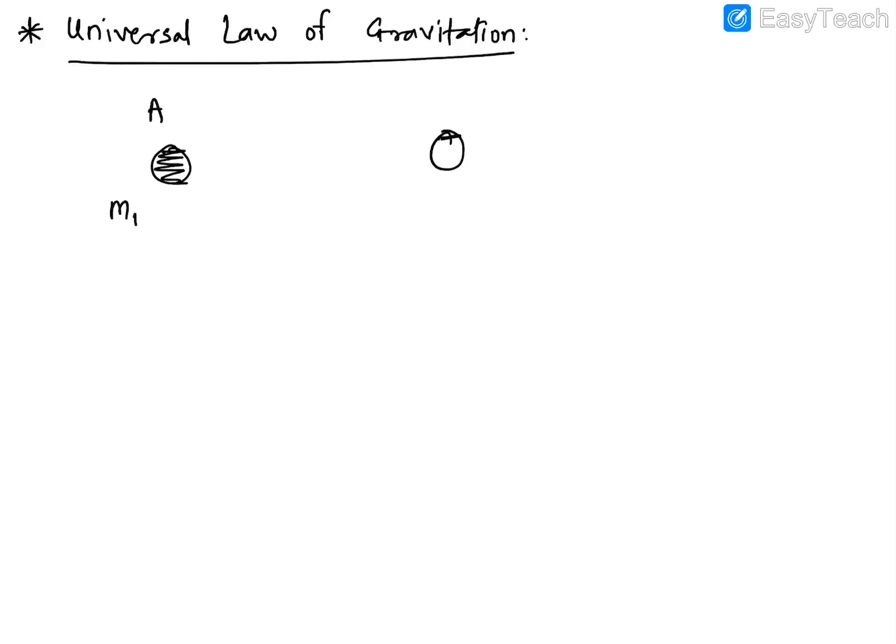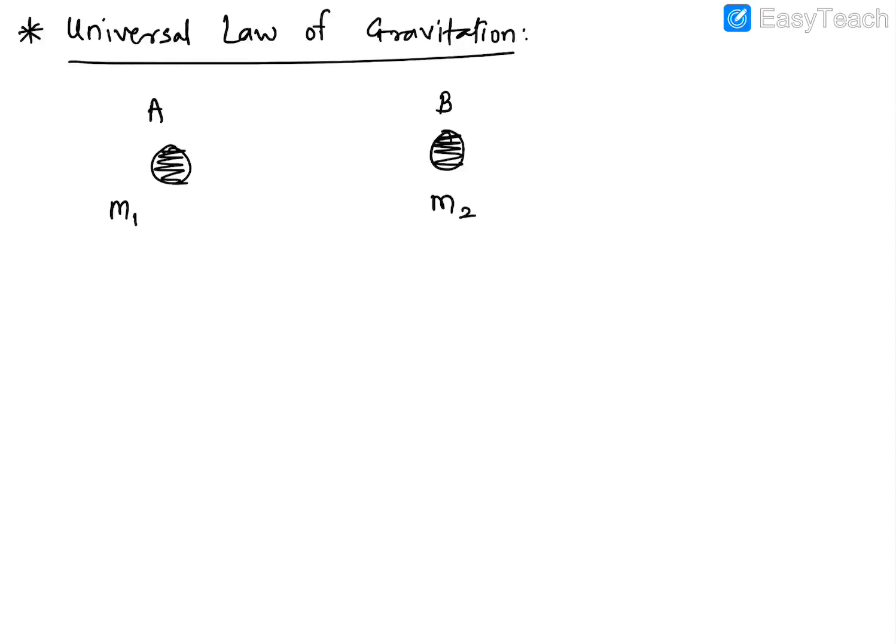Now first, what do you mean by the universal law of gravitation? What does this law state? This law states that between any two objects or any two bodies, there is always a force of attraction. Say, for example, here I have a body A whose mass is m1, and another body B whose mass is m2.